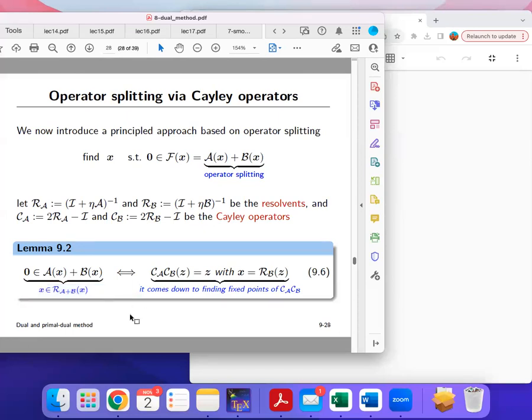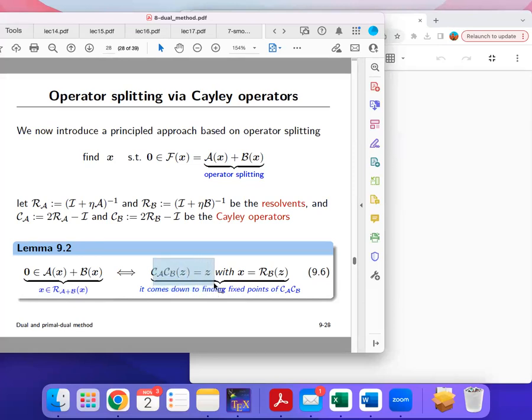But instead of considering this fixed point equation, we can consider a much more complicated fixed point equation that involves only the resolvent of A and the resolvent of B.